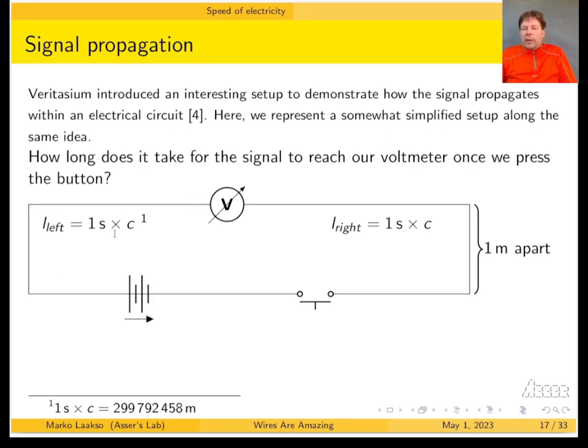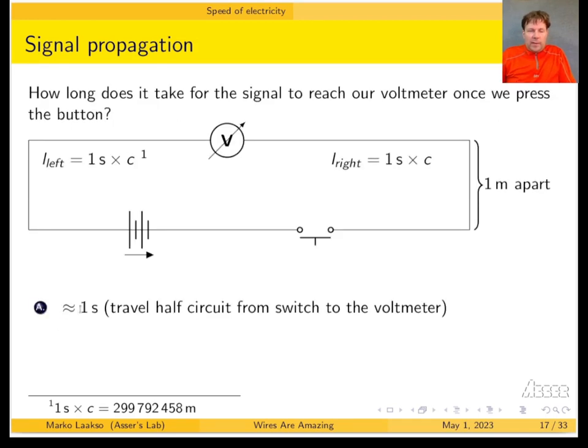So we assume either that the velocity factor is 1, or if it's less, then this wire would be a bit shorter, so that it takes one second to travel this. If the velocity factor were 1, then that's roughly 300,000 kilometers long wire.